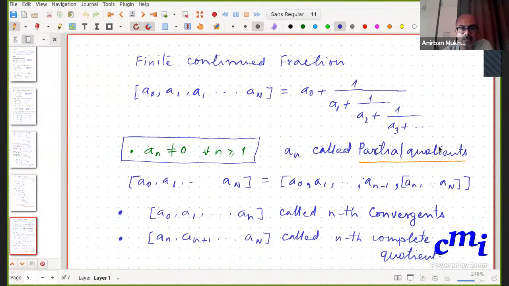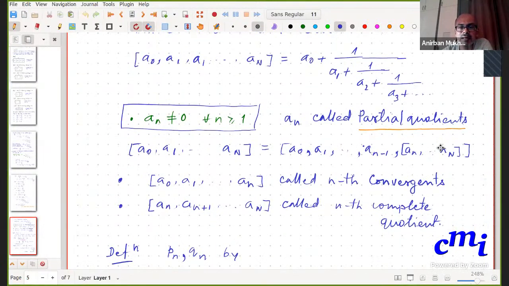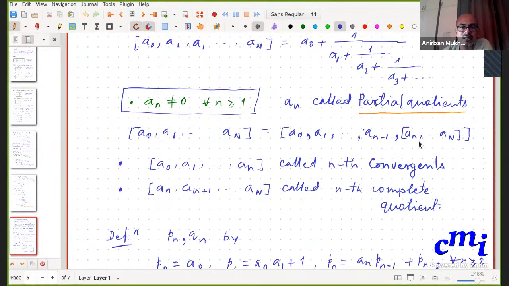Just to have our notations right, we haven't made much of an assumption on the a_n yet. Just assume that the a_n are non-zero, except possibly for a_0. We are going to make assumptions a little later. This is just like doing algebra, where you can consider them as variables. Doing it this way has an advantage.